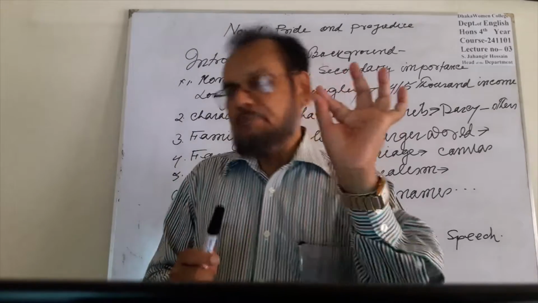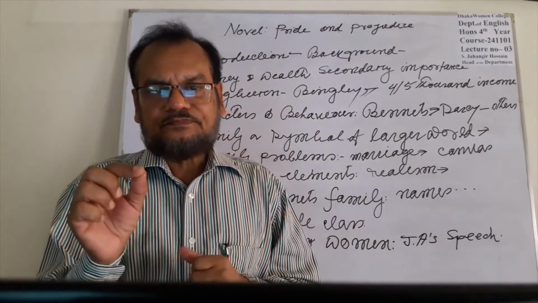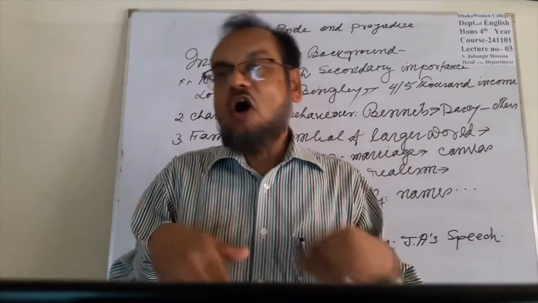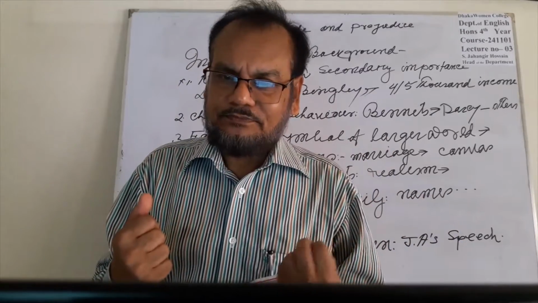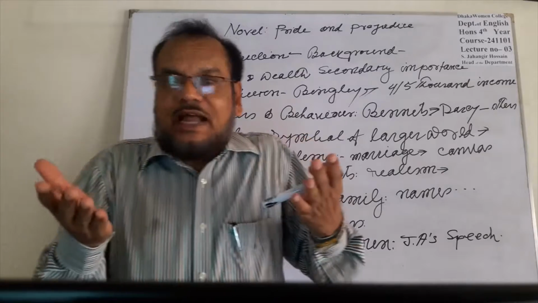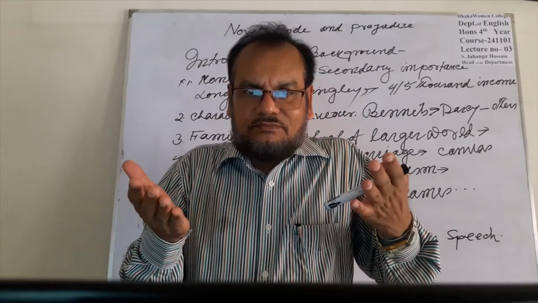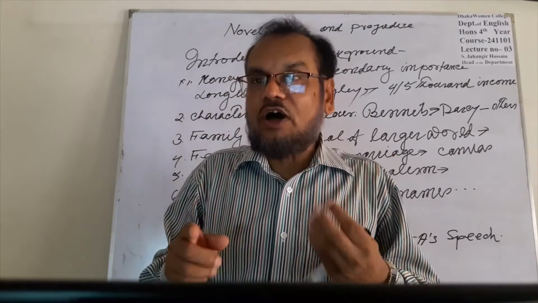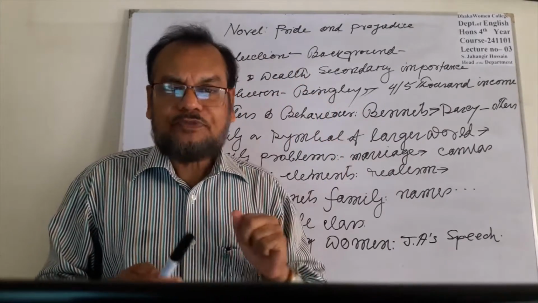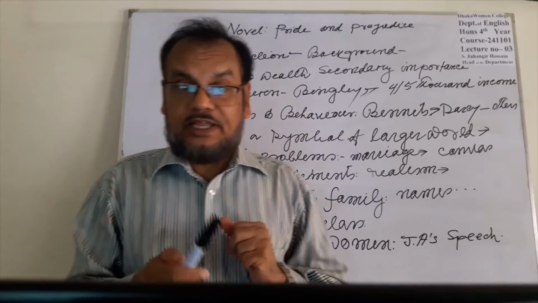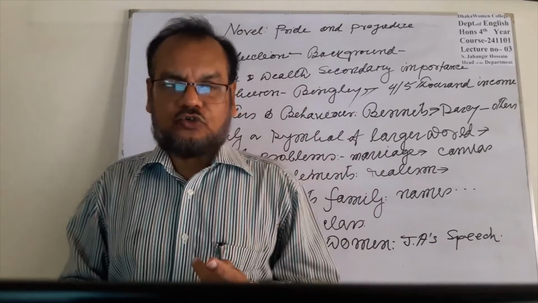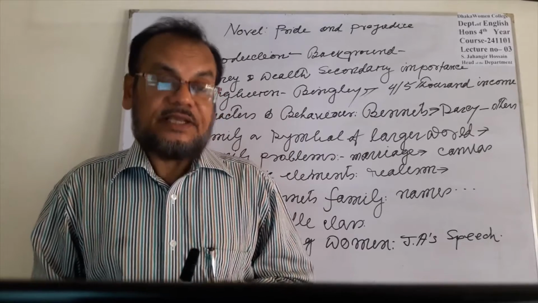For example, suppose a lion stands for courage or power, a cross for Jesus Christ, or white for purity. These are symbols. So, Jane Austen in the family used these kinds of symbols to show the reality.